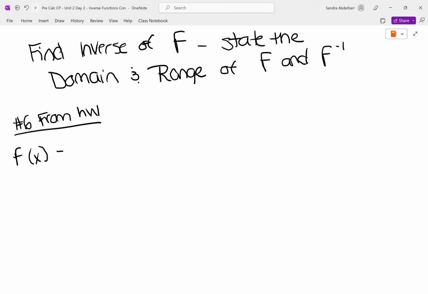f of x equals the square root of x minus 8. Now I'm giving you a restricted domain: x is greater than or equal to 9. Do we agree this is a shooting star?